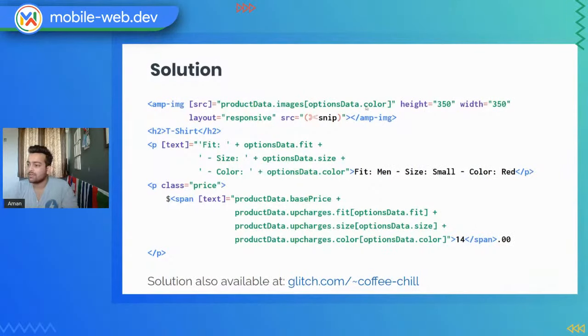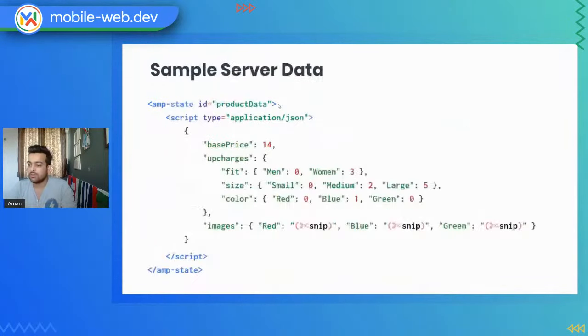You have an amp-img. Again, why would you like to change the image? Whenever a person chooses a different size, you would like to change the image from the backend. So we have product data dot images, again a JSON variable. We created this actually, yeah.